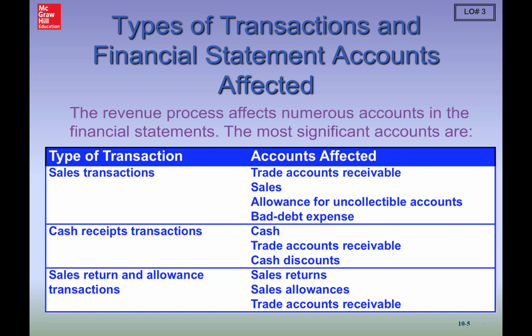This is a valuation assertion, isn't it? Okay, good. Cash receipts transactions affect cash, accounts receivable, discounts, sales returns and allowances. Sales returns and the sales allowance account, it's going to be one big account. Receivables, right? Because when there's a return, we use our receivable.